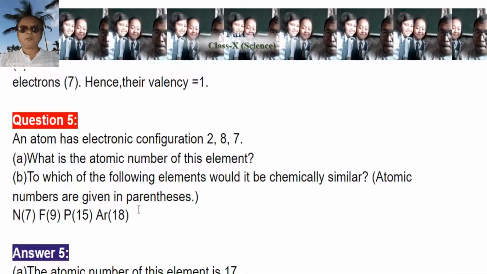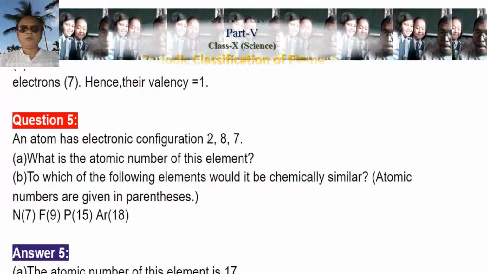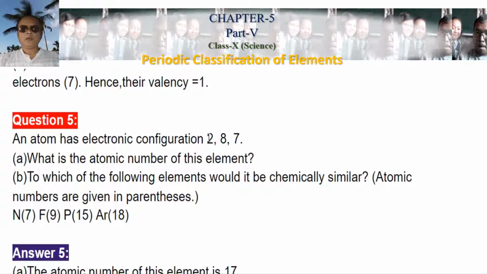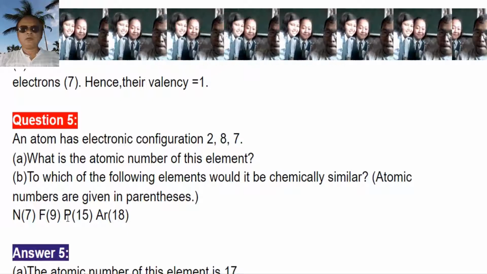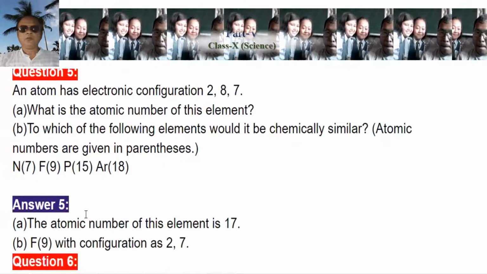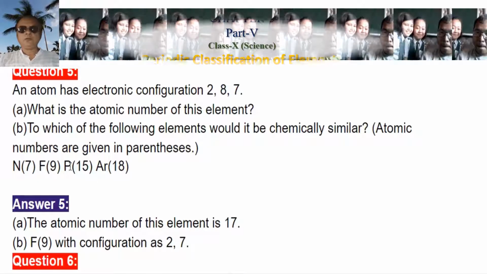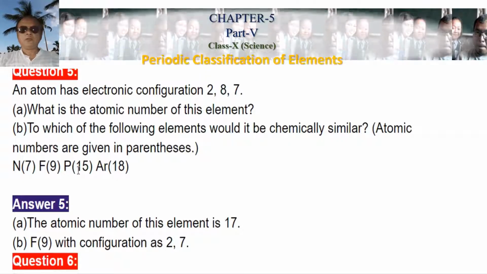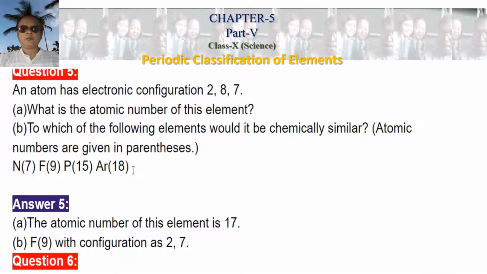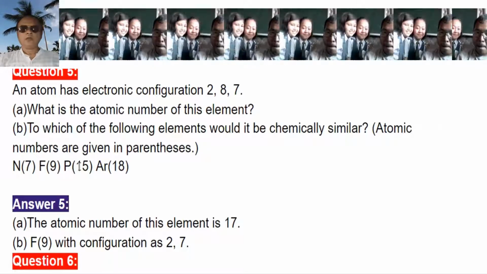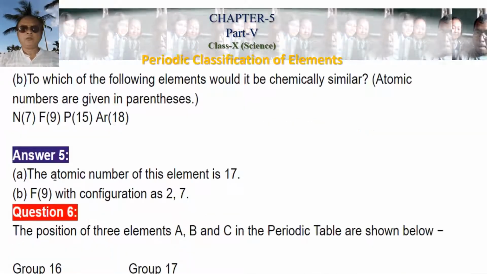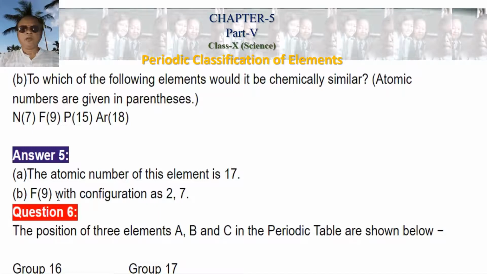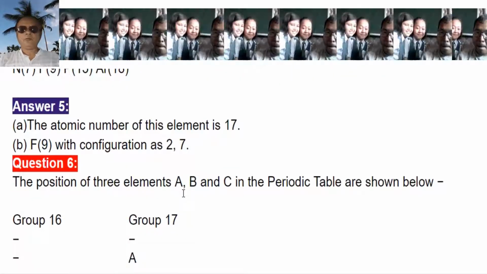So it is similar to the above mentioned atom, 2,8,7. Phosphorus is 15 and argon is 18. In the outermost orbit phosphorus has 5 and argon has 8, so they are not similar. The only answer is fluorine, 9, with configuration 2,7, which is similar.